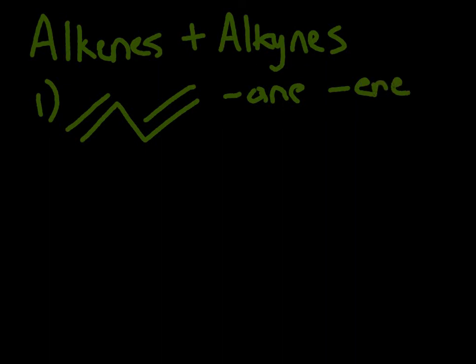So we're experts at this now. Now we have 1 carbon, 2, 3, and 4. So we know that as butane. But since it's an alkene, we need to add that ene at the end. And we also have double bonds. So we have 1, 2, 3, 4.